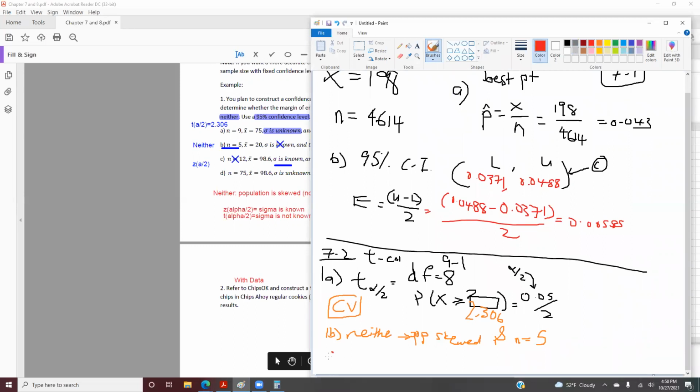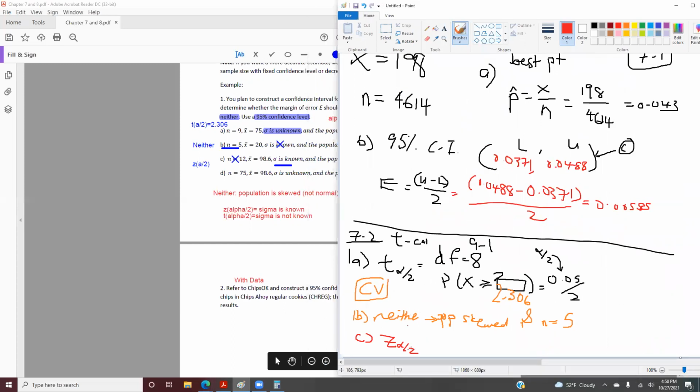For part C, this is Z alpha over 2. The reason why is because sigma is known here. So you have to use the normal calculator in your StatCrunch.